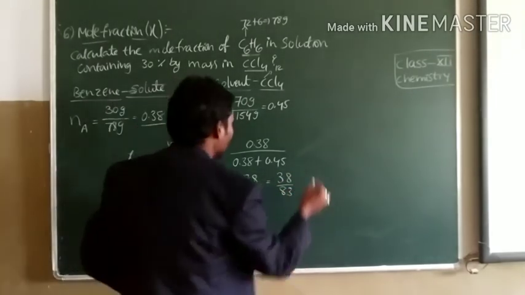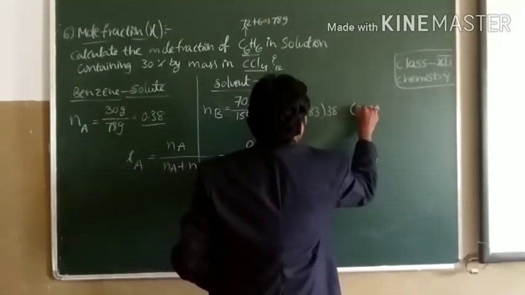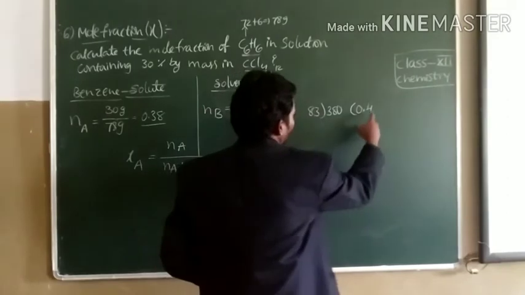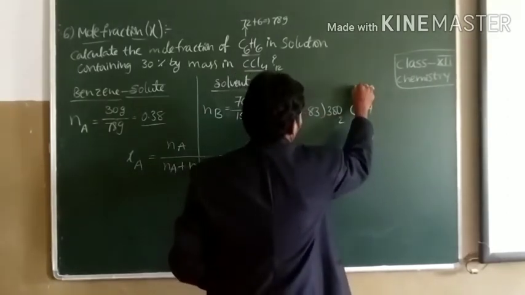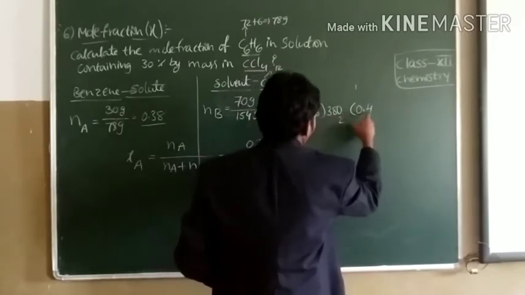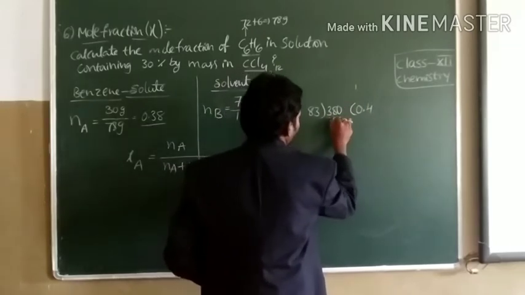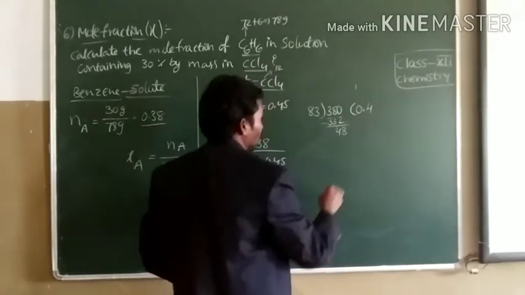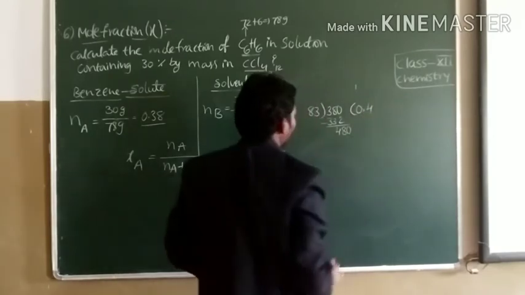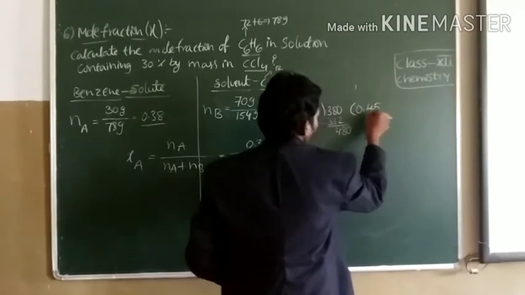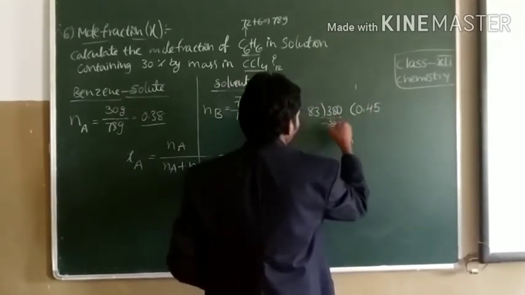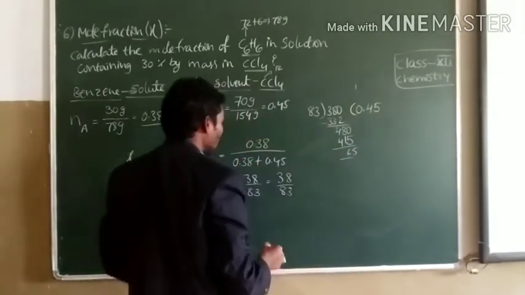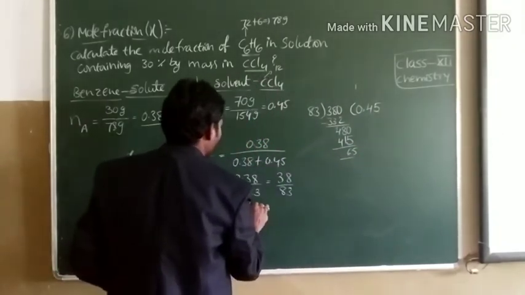Let us simplify this, 38 by 83. On dividing, we get 0.45.